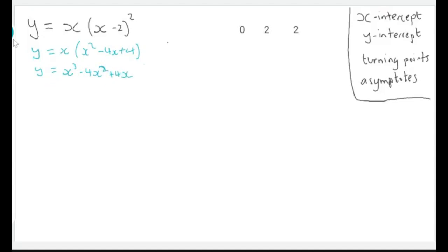Then you differentiate it to 3x squared minus 8x plus 4. Yep.